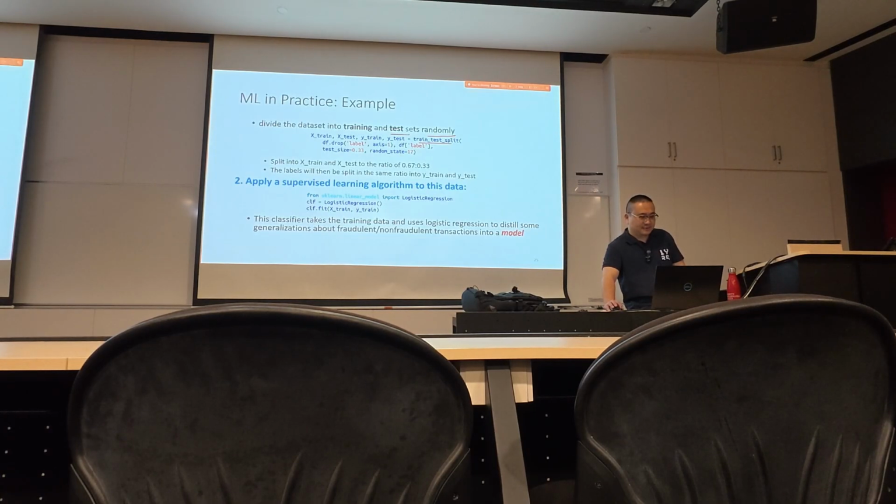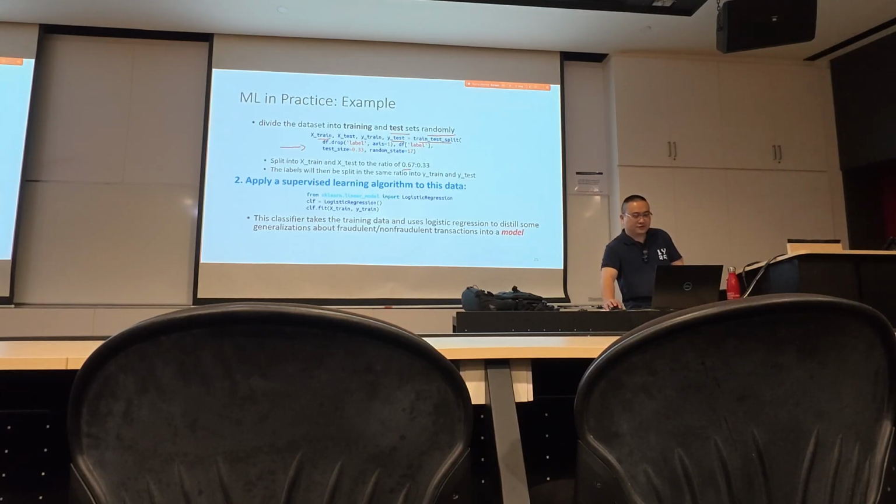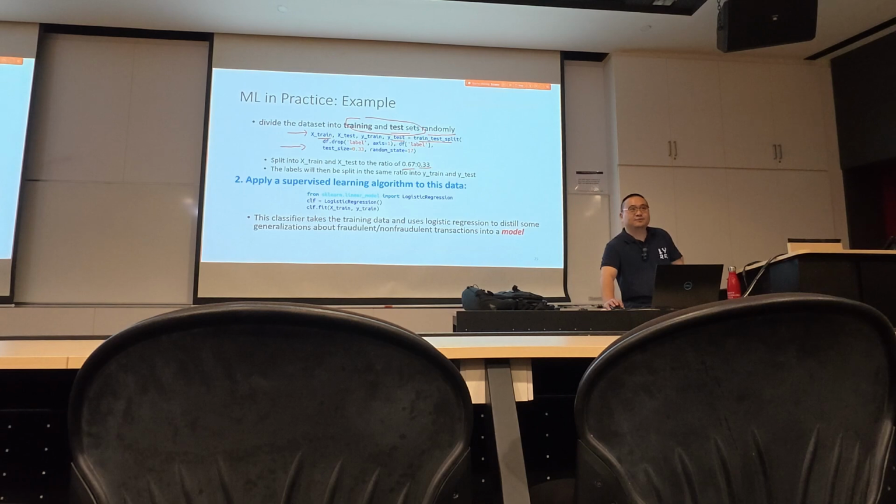In this example, we split the original data set into training and testing data sets with a ratio of 2/3 to 1/3. After you split the data set into these 2 parts, you can train the models on the training data set. And after the model is well trained, you can test the model on the test data set. So this is the way that we pre-process the data and train the model.